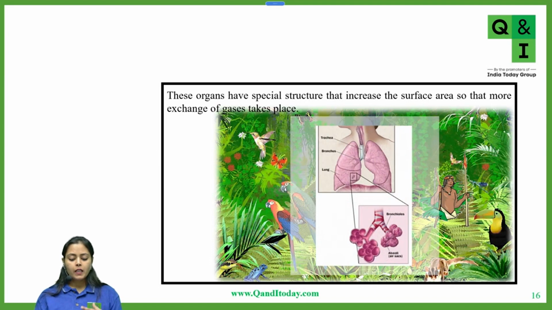Now, in every animal, whether it is birds, humans, or some other animals present on land, since they have to take up oxygen from the air, their respiratory organs are designed to increase the surface area of exchange, so that more oxygen can be taken up from the environment, from the air.